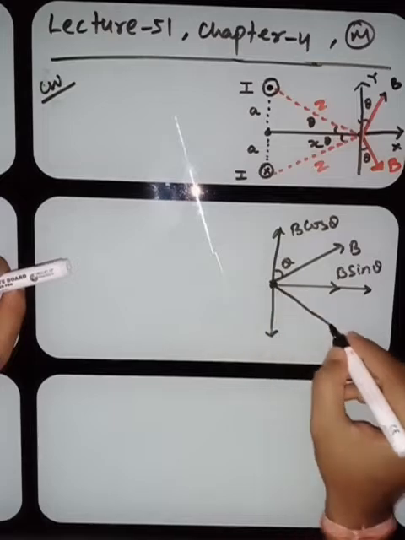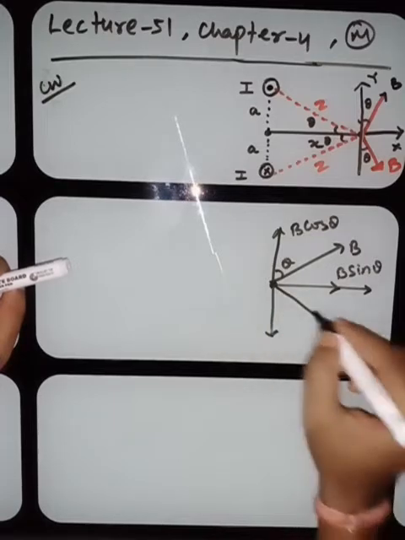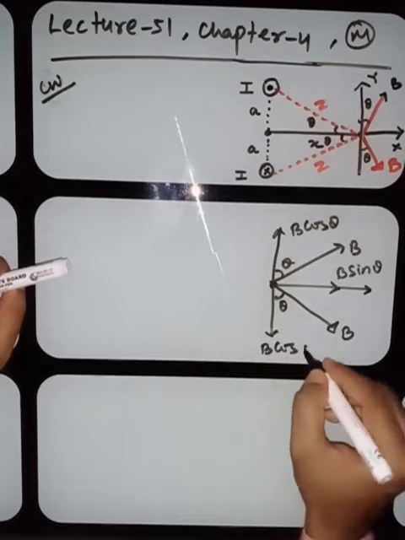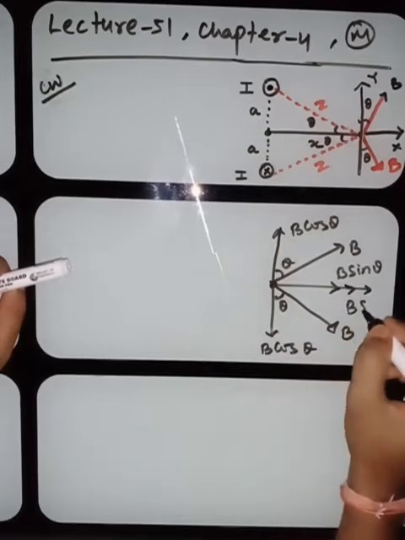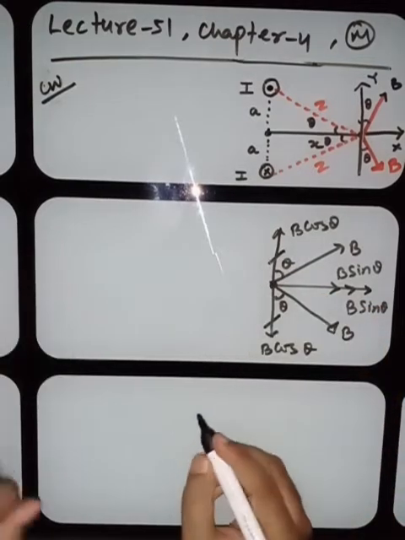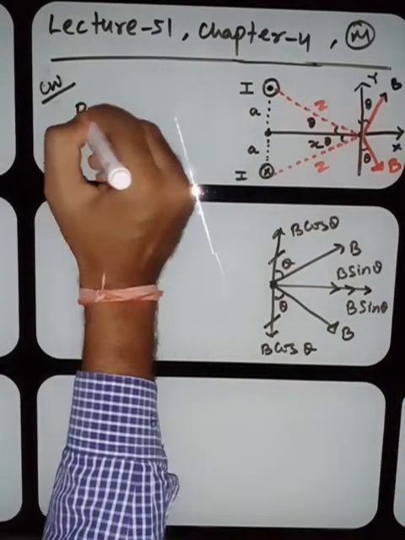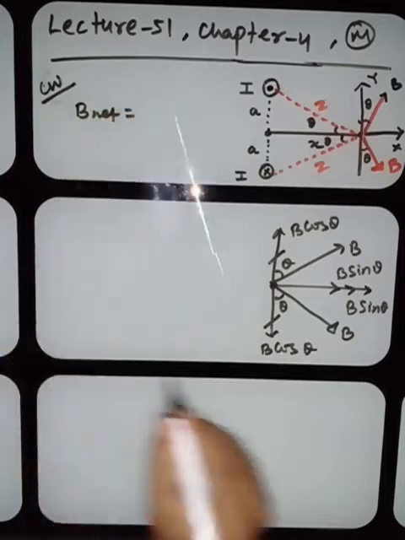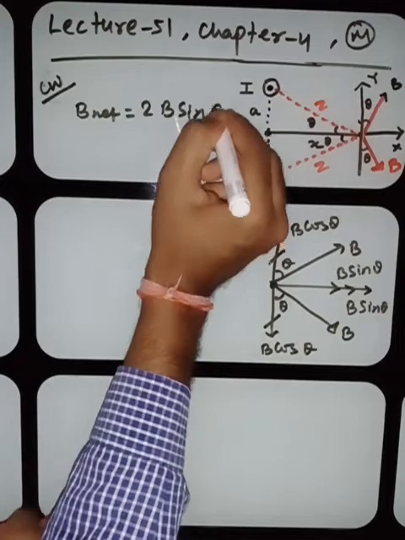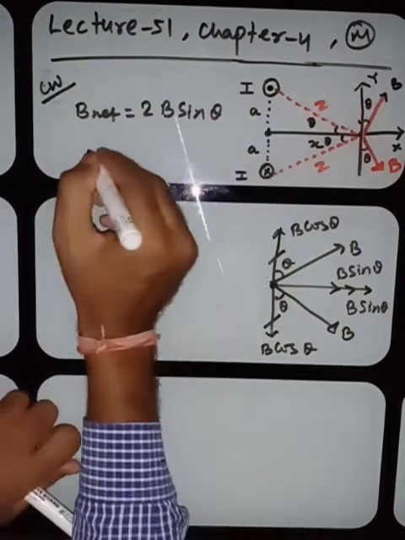This B also has two components, B cos theta and B sin theta. But my dear students, these two are equal and opposite and will cancel out, so the net magnetic field we have here is 2B sin theta.